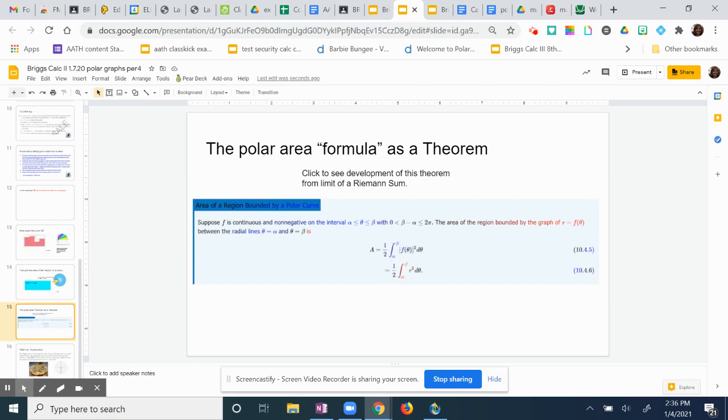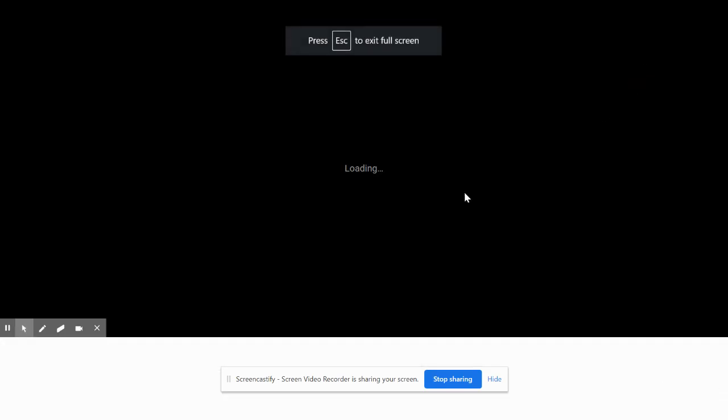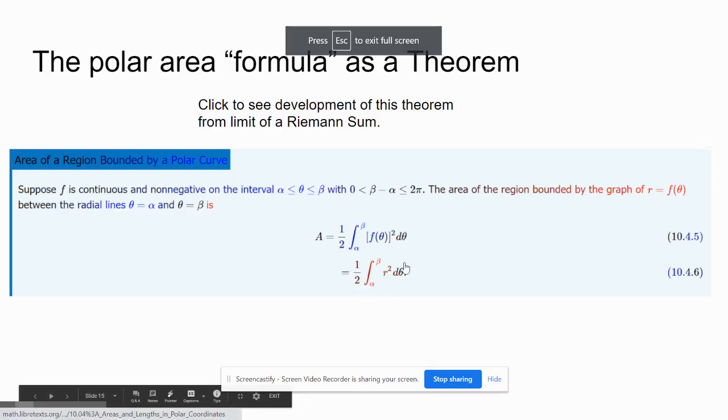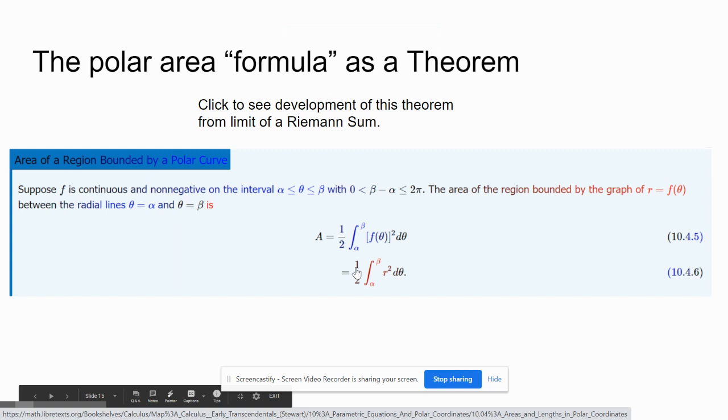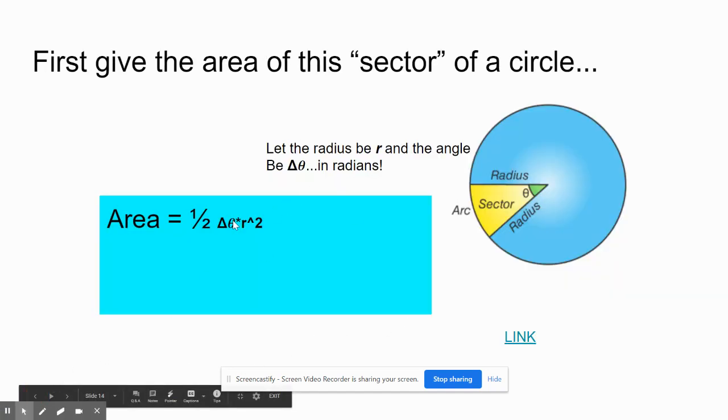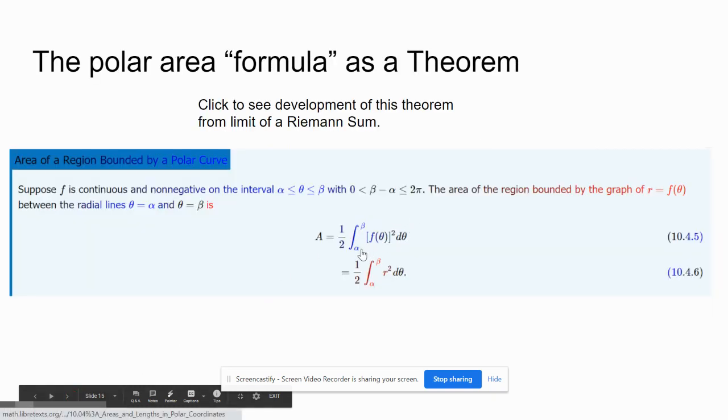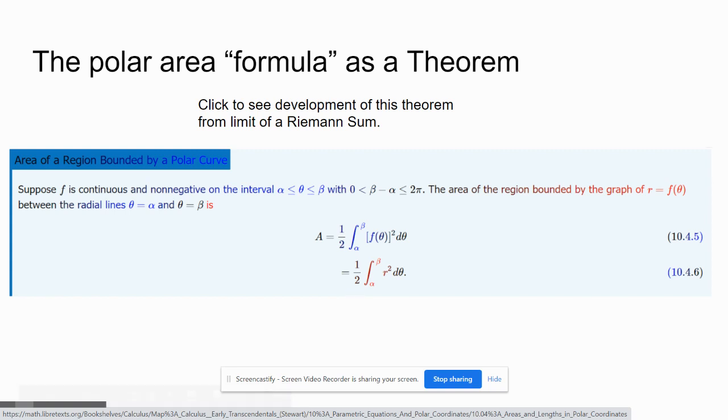So if we look at this formula right here, this calculates the area in a polar curve that's given by some r as a function of theta. You square that function of theta. The delta theta in the sector formula becomes your d theta. And then you've got a 1/2 factor in the front.